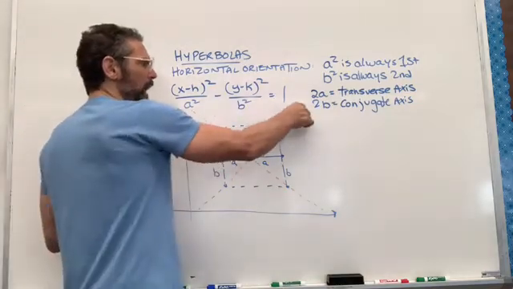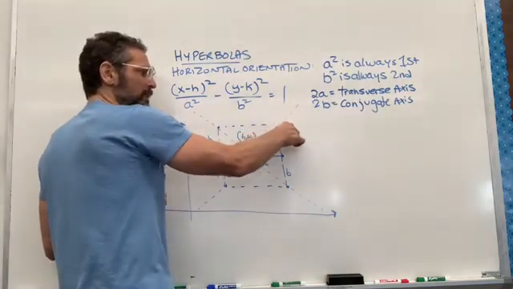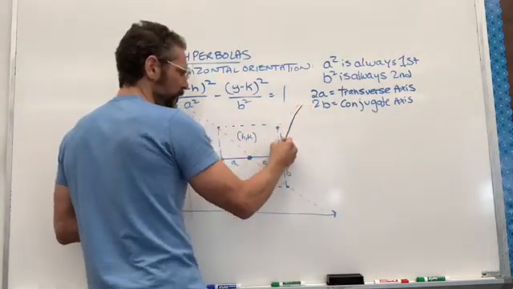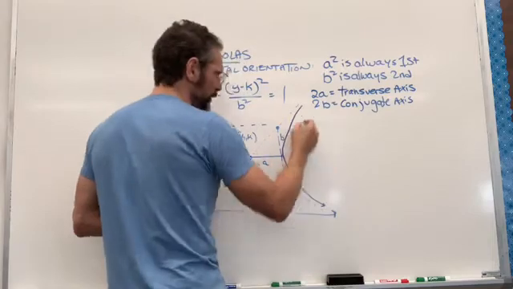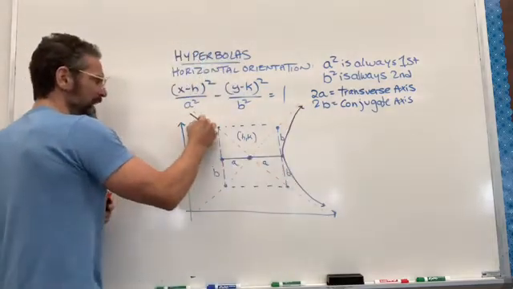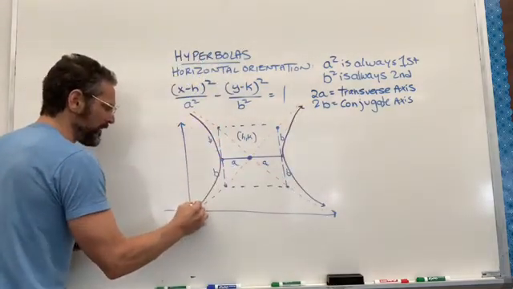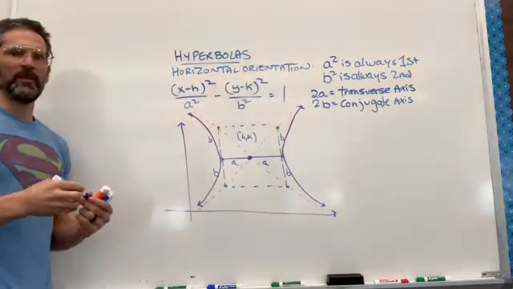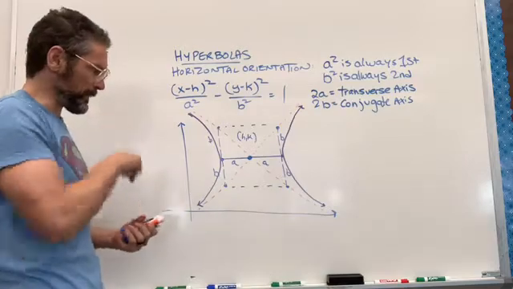I'm going to go along my asymptote, through my vertex, and along my asymptote. So the hyperbola is actually just the purple part here. It is these two branches. Of course, it's not a function because it fails the vertical line test, as does an ellipse, by the way.